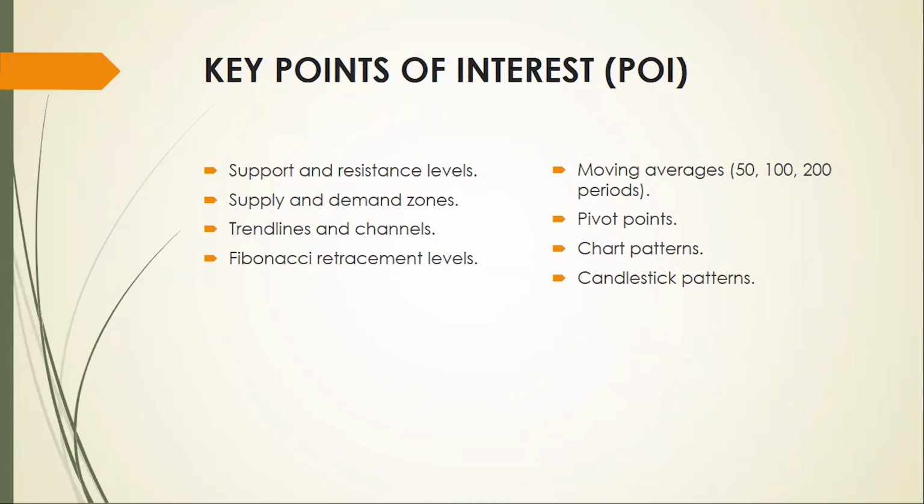So Fibonacci retracement levels, we have the 23.6%, the 38.2%, the 50%, the 61%. Just like we discussed in the Fibonacci video, the normal Fibonacci and also the ICT Fibonacci. So these retracement levels represent areas where price is likely to retrace during a trend.